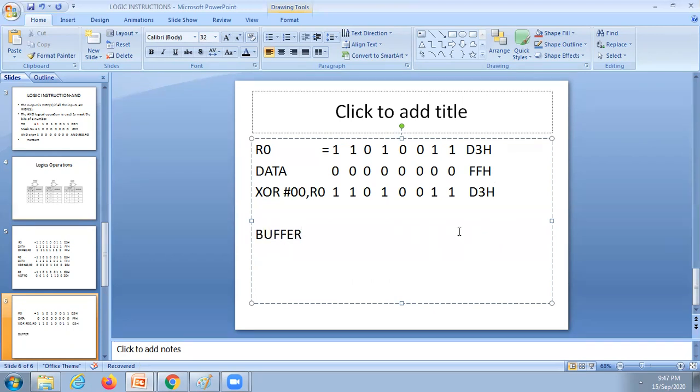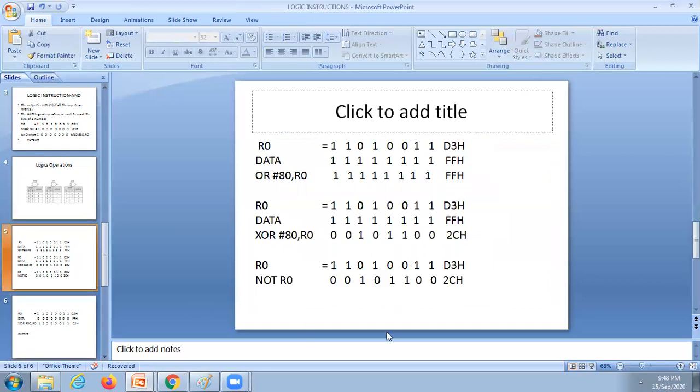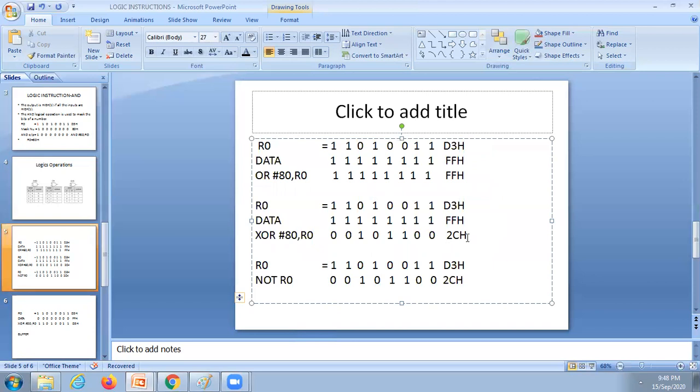Whereas here, this one is like a NOT operation. Why? Because it is 2CH, the same, because this is like an XOR with all ones.